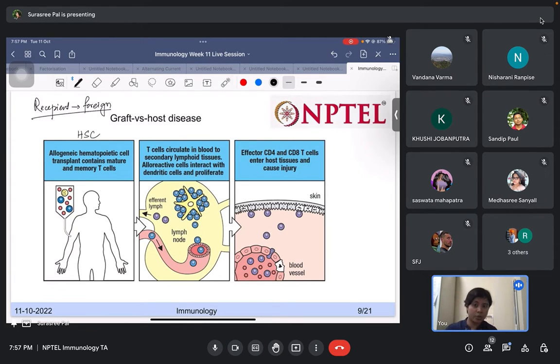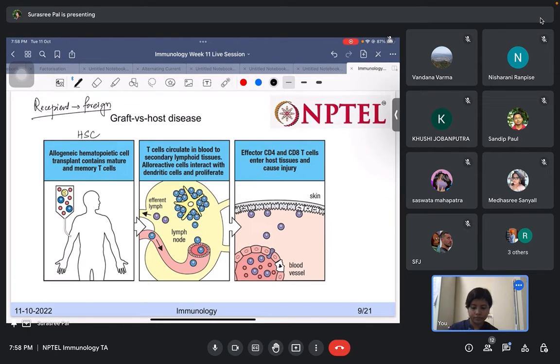So when these hematopoietic stem cells are being transplanted, there has to be a very thorough checking between the haplotypes of the MHC class 1 and MHC class 2, so that this kind of graft-versus-host disease, a severe inflammatory disease, cannot be generated in the recipient.